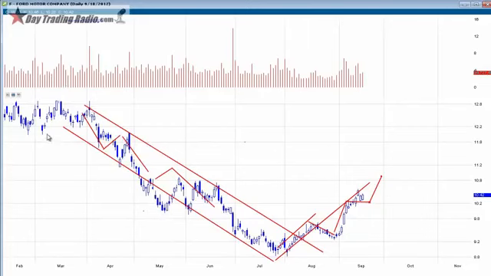But the important thing is recognizing trends, and trends are basically a line connecting two pivot areas. A pivot area is an area where the market might move up to a level and then pull back, or move down to a level and push up, and it leaves a little angle there. It leaves a corner, and that corner represents a pivot.